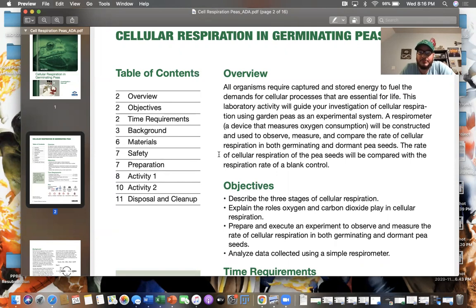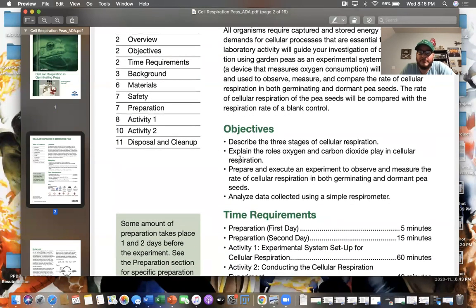I'll let you read through the overview, but the objectives are to describe the 3 stages of cellular respiration, explain the roles of oxygen and carbon dioxide in cellular respiration, prepare and execute an experiment to observe and measure the rate of cellular respiration in both germinating and dormant peas, and to analyze data collected using a simple respirometer. So we're going to make a respirometer, and then we're going to do some experiments.